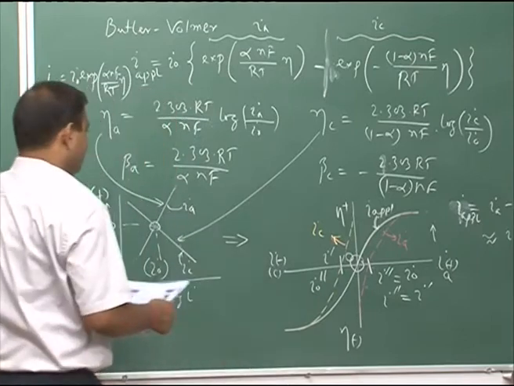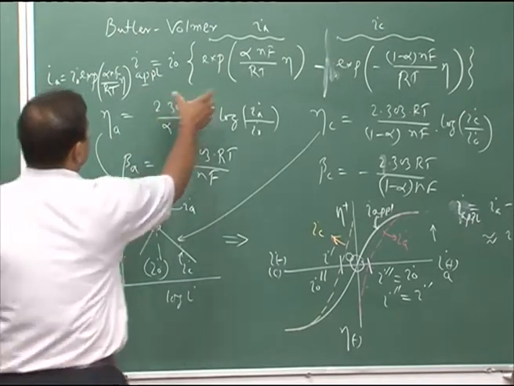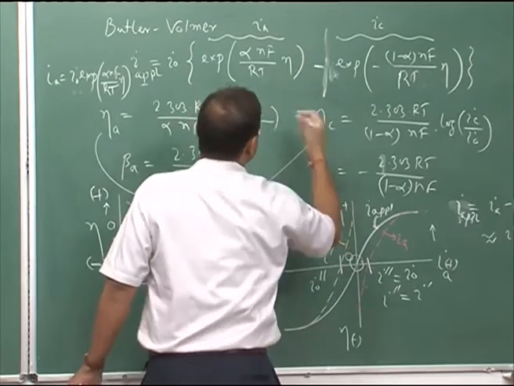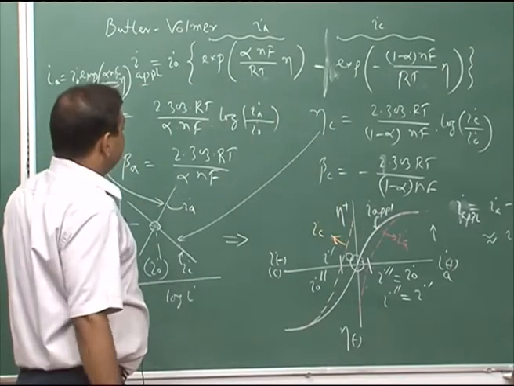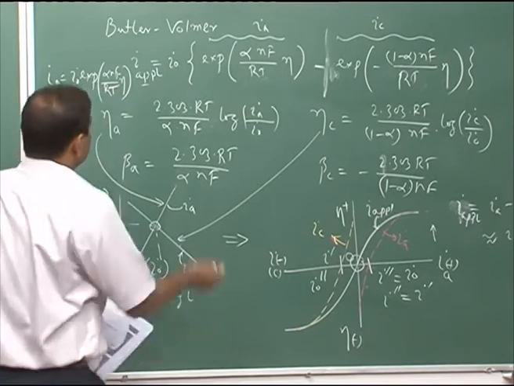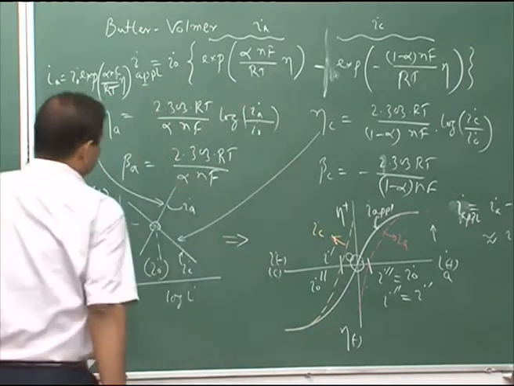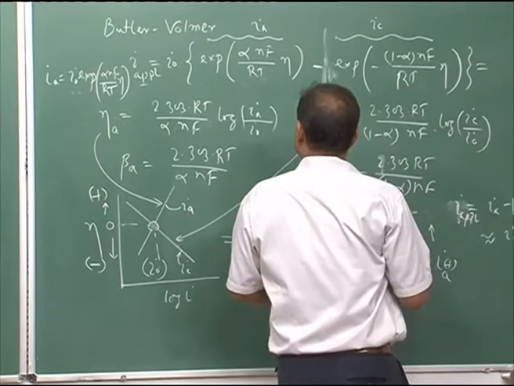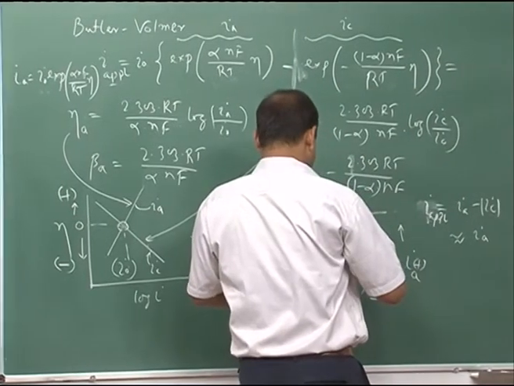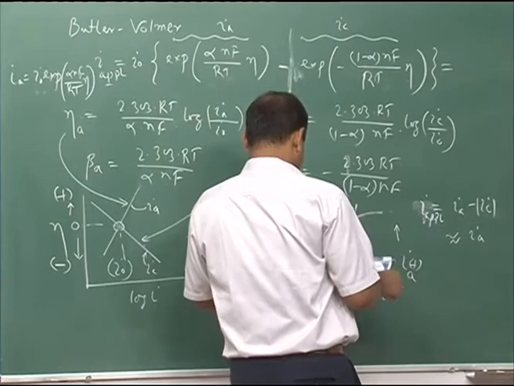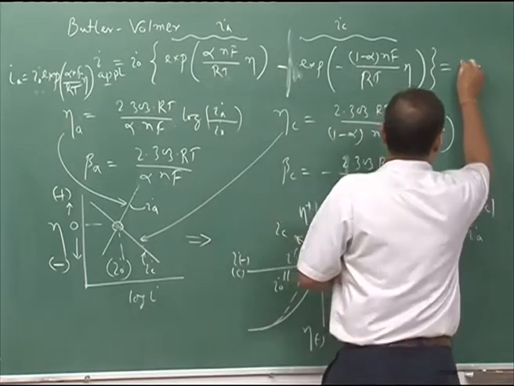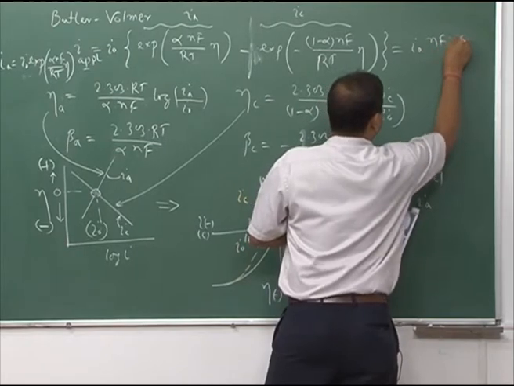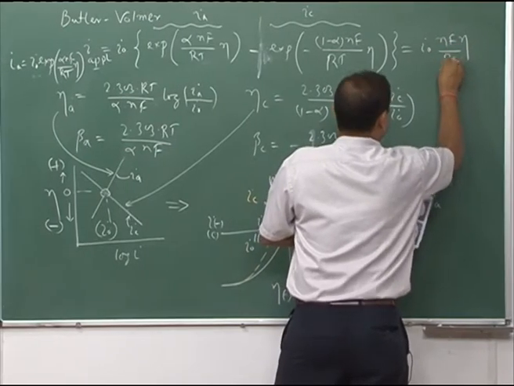This can also be proved: if we expand the exponential part, considering the over voltage to be very small, we get I 0 n f over voltage by R t.